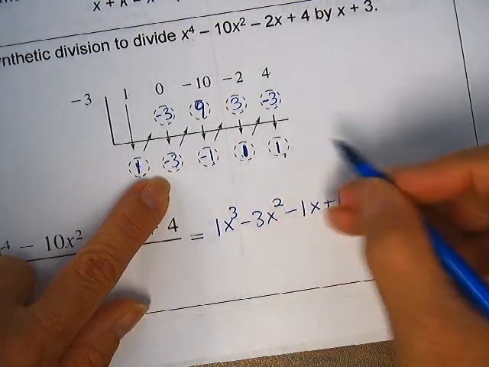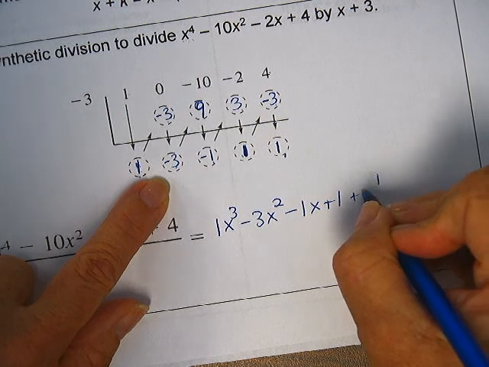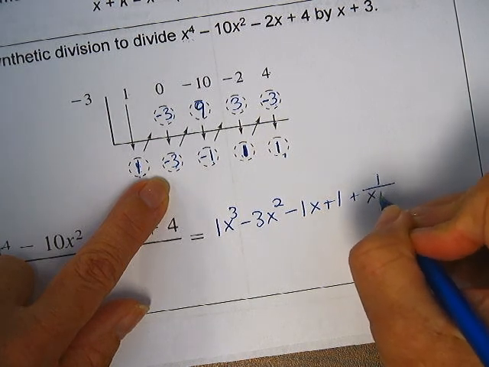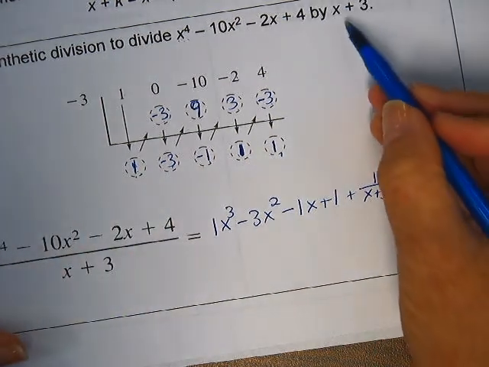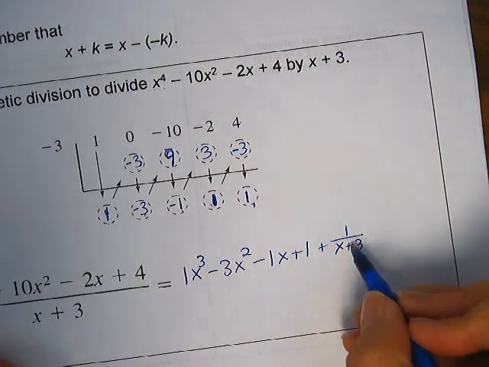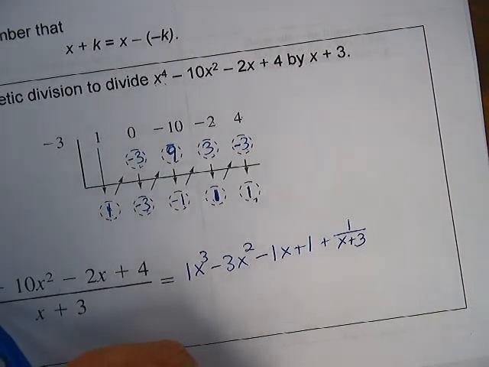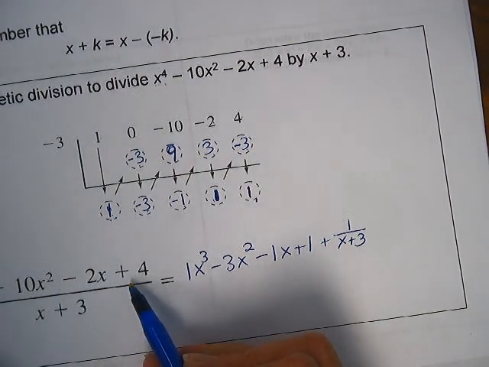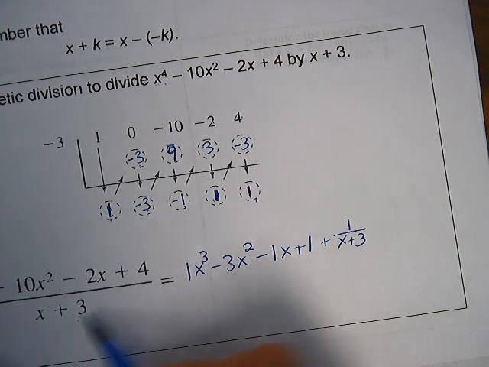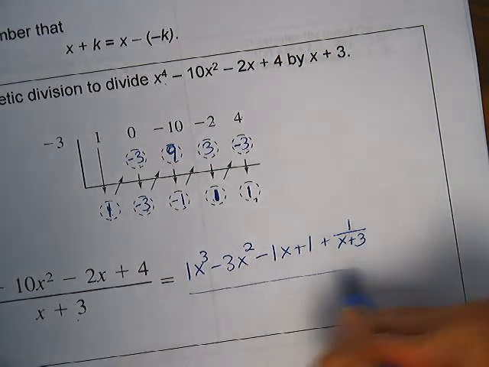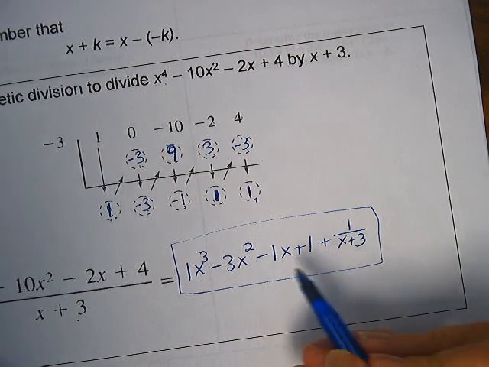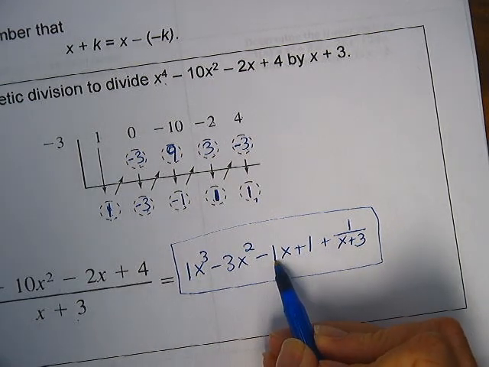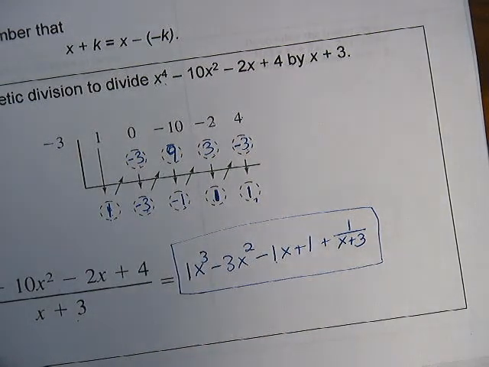And remember, this last one is our remainder, so plus 1, we put it over x plus 3, which is the factor we were dividing by. So when you have x to the fourth minus 10x squared minus 2x plus 4 and divide by x plus 3, here is your result. And you do not have to write the ones in front of the x's. I'm just doing that to show you where they came from.